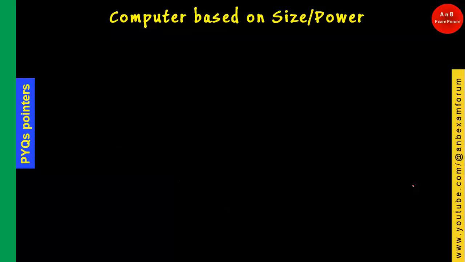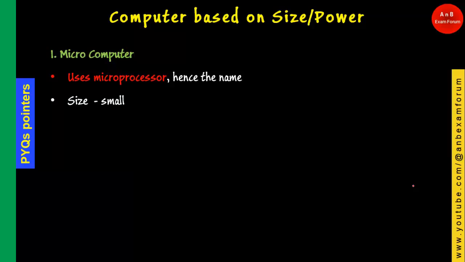The next classification is computer based on size and power. The first one is the microcomputer. Okay, and the very important definition itself is that it uses the microprocessor. And it is the latest technology, you can say. Microcomputer uses microprocessor.